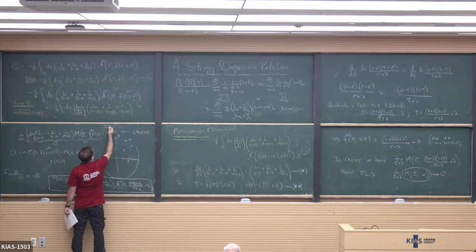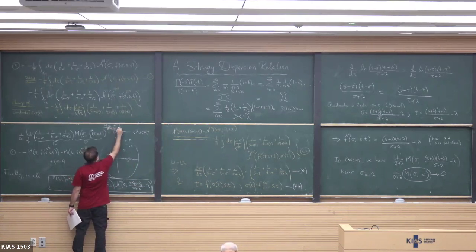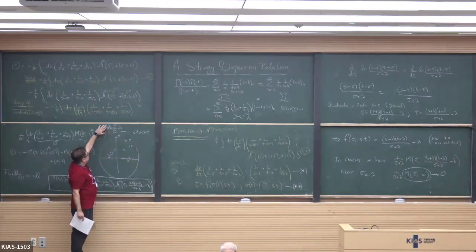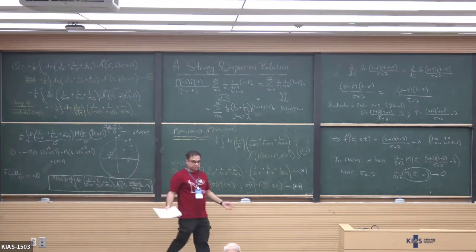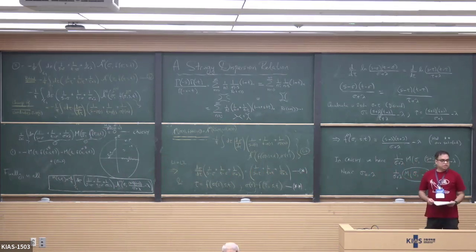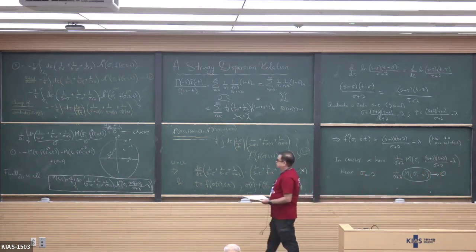Let's divide by... so let's consider this, and your starting point would be just this object, s minus s_0 times t minus s_0. I'm choosing the same subtraction point because I want the new amplitude to still be crossing symmetric. And so if it falls off like a power, you can divide by a suitable power, and then you can actually work out the higher subtracted dispersion relation. It's the standard way that we work out higher subtracted dispersion relations. Okay? So higher subtractions are straightforward.